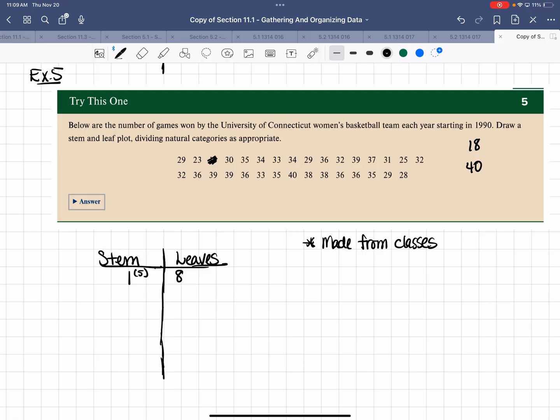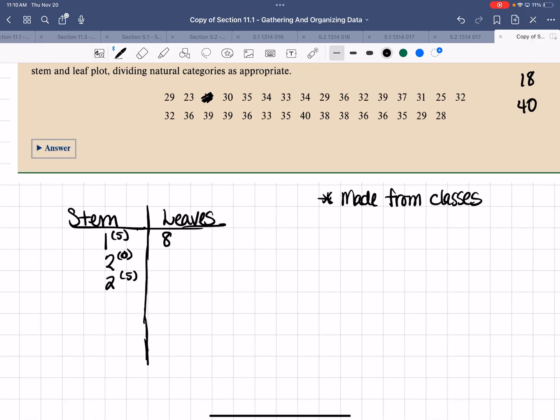So on this next one, we've moved on to the 20s, right? So we do a 2 with a little 0 at the top, and then we've got a 2 with a 5 at the top. They don't want to put so many leaves on a row is what they're trying to eliminate. I agree. That's a 0, sorry. We've got a 2 with a 0.